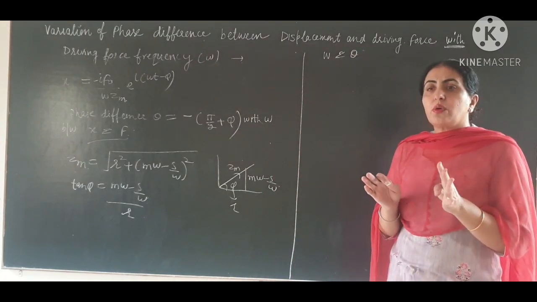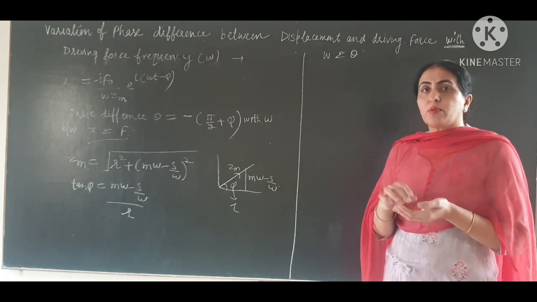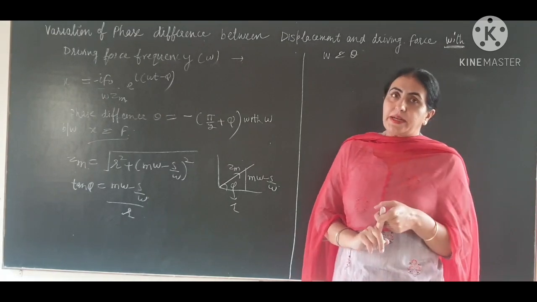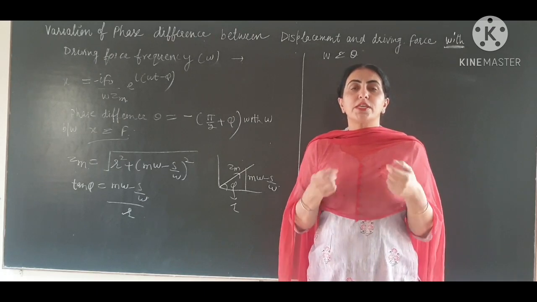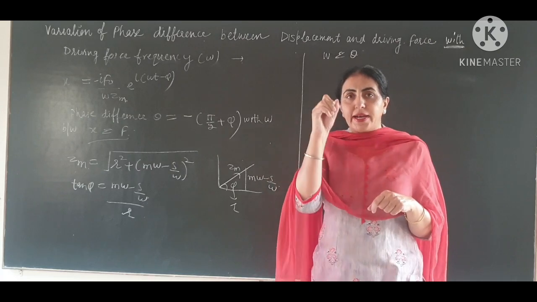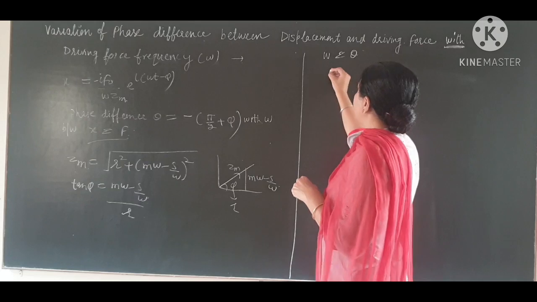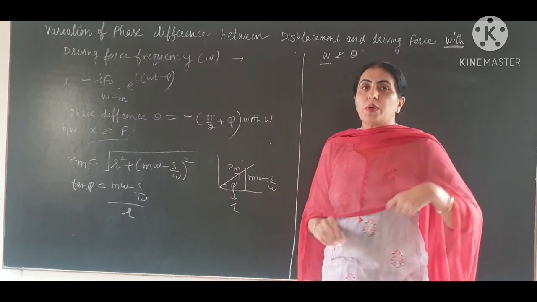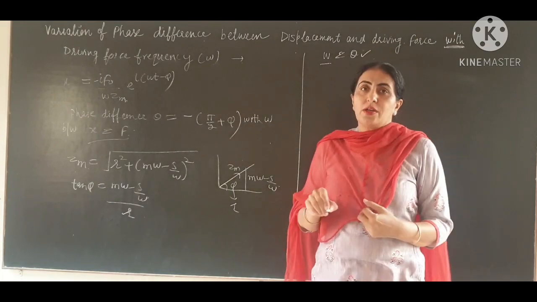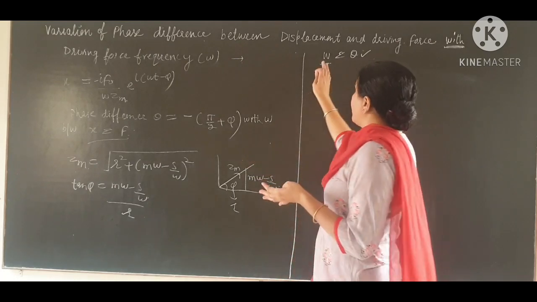What precautions are needed when plotting a graph? There is a dependent variable and an independent variable. The independent variable, which is given to us, is always taken along the x-axis, and the dependent variable along the y-axis. Here the independent variable is omega, because we are giving a frequency to an oscillator, and the dependent variable is theta.